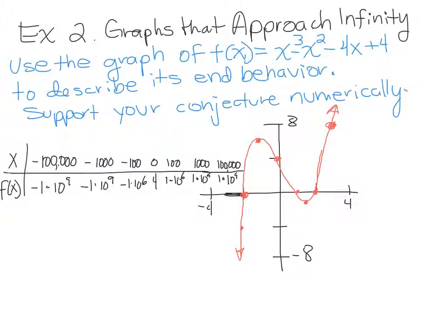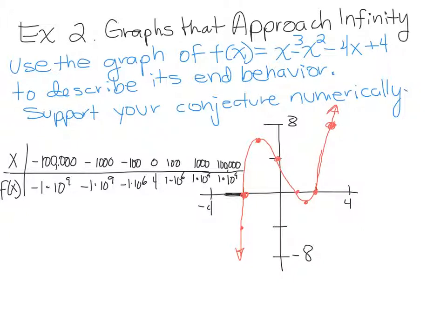And the same thing at x equals negative 1,000, negative 1 million of a unit. And then at negative 100, that's going to be negative a million. At 0 is 4. So this is going to negative infinity. As you move to the right, then this is going to positive infinity. So this is the numerical way of proving that the conjecture is right.